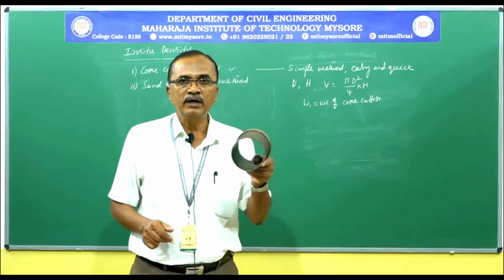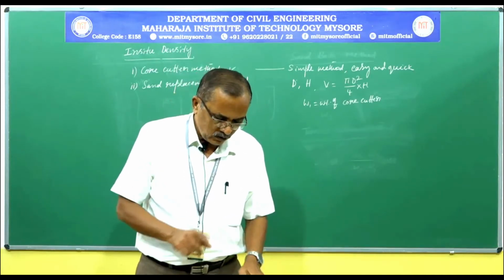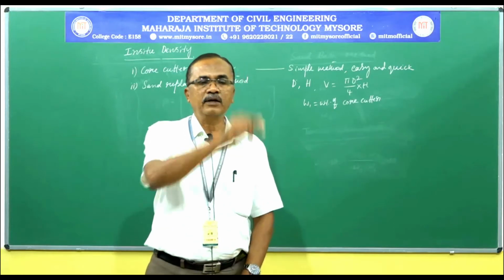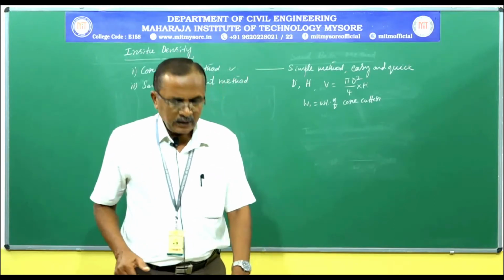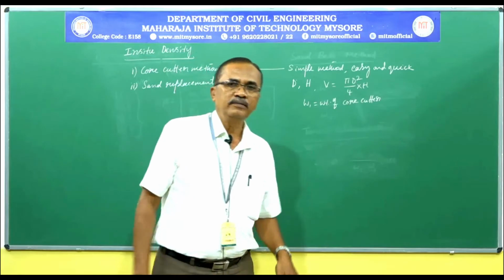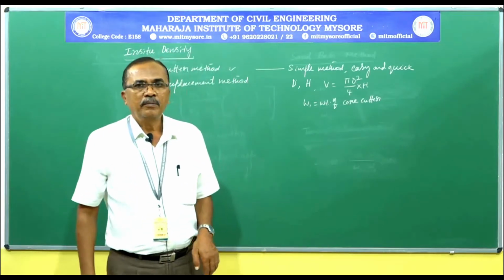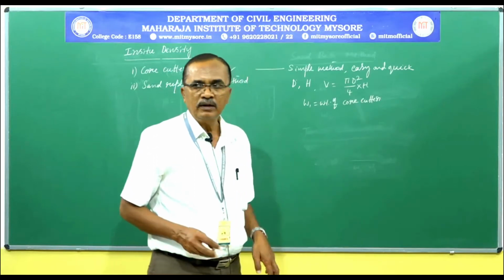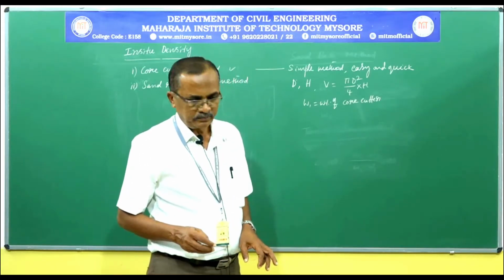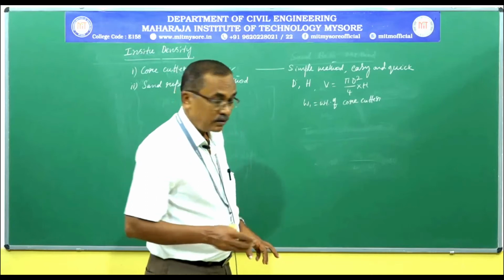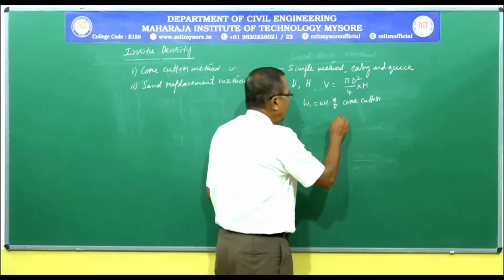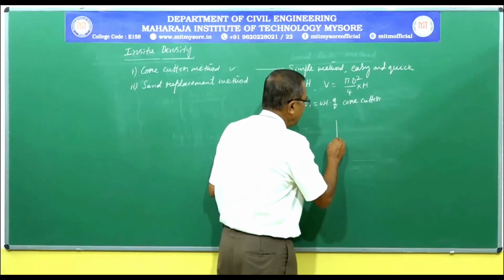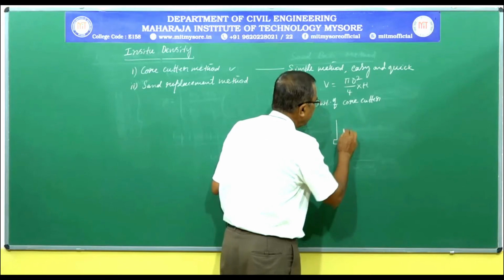There we place this core cutter. After placing it at the location, the core cutter is driven into the soil using a suitable rammer. Usually we use a steel rammer of weight about 10 kg.